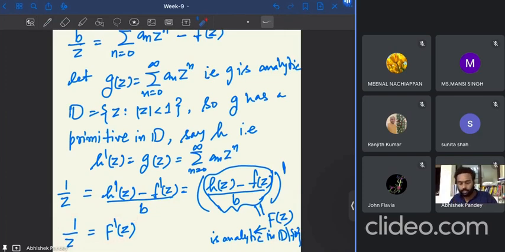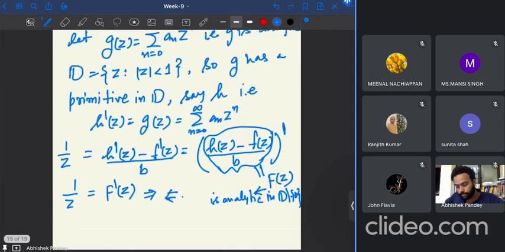And we have already seen that this is not the case. 1 by z cannot have any primitive in D minus 0. So this is a contradiction. I hope this is clear to everyone. Any doubt? Is this proof clear?